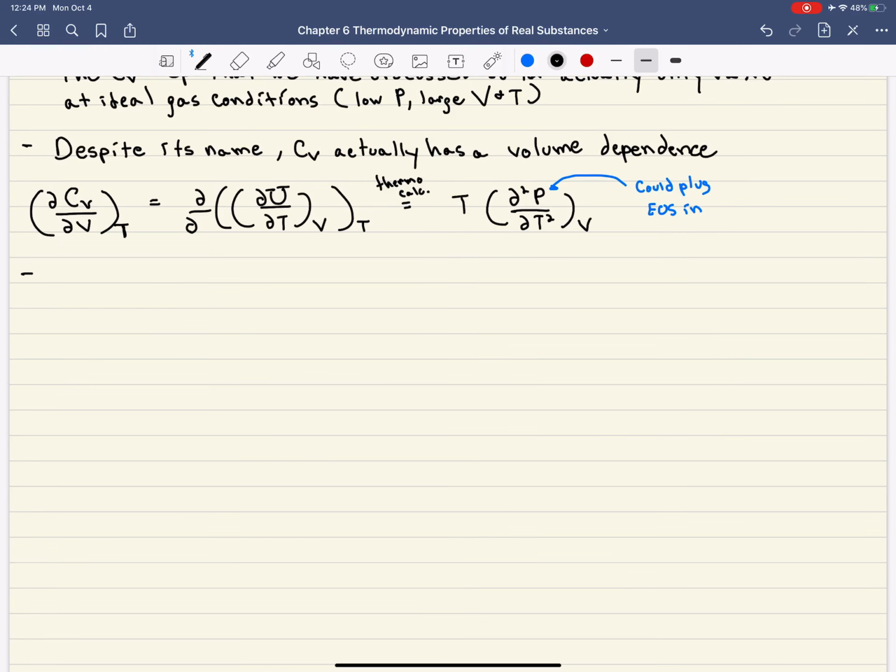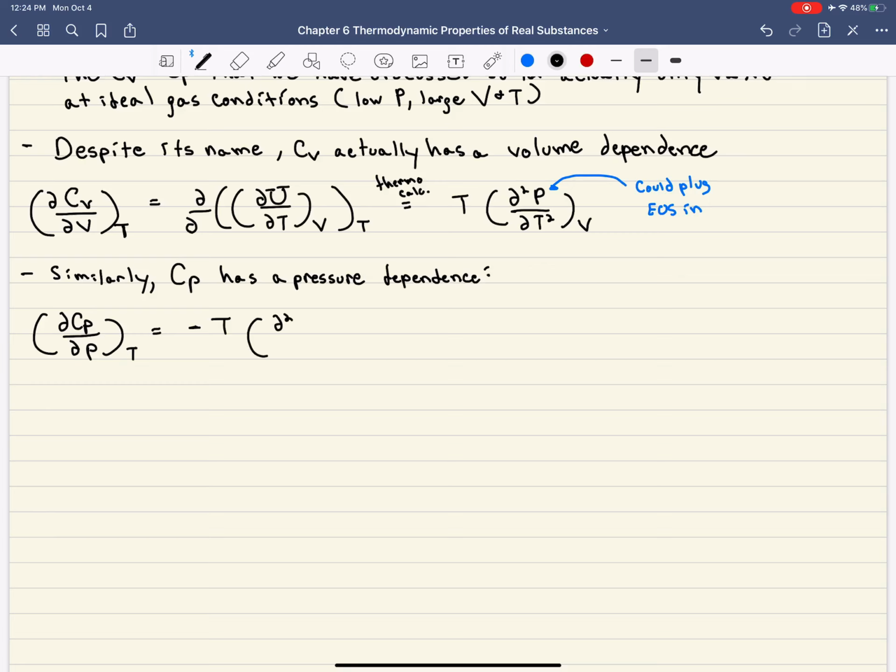And similarly, our constant pressure heat capacity is also affected by pressure. And so in this case, what you could show is that dCp/dP at constant temperature is equal to negative T times the second derivative of V with respect to temperature at constant pressure.